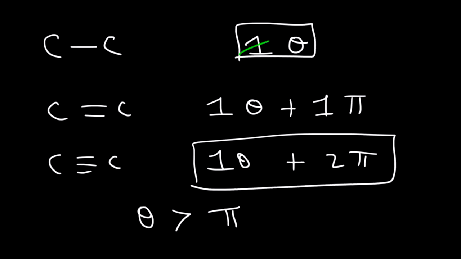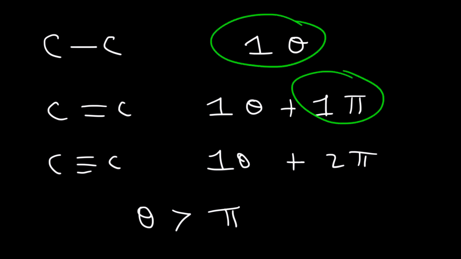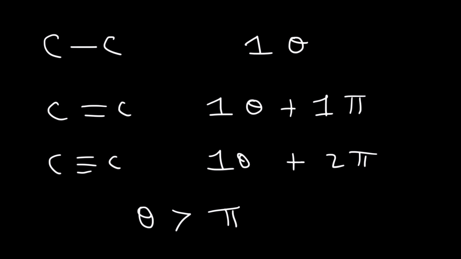So these 2 sigma bonds, let's assume they're equal. The triple bond's going to win because it has 2 additional pi bonds. So when comparing a triple bond versus a single bond, the triple bond is stronger because you're comparing 3 bonds compared to 1. But if we compare one sigma versus a pi bond, the pi bond is weaker. It's easier to break a pi bond, but it's harder to break a sigma bond. So just keep that in mind. Sigma bonds are stronger than pi bonds.